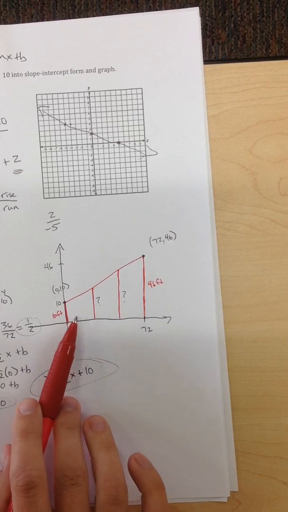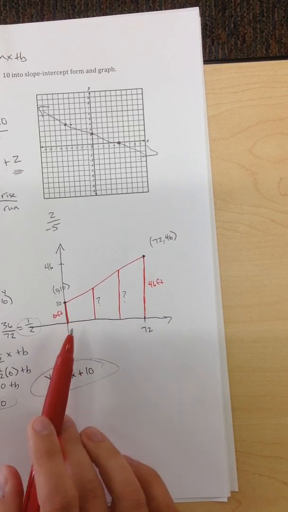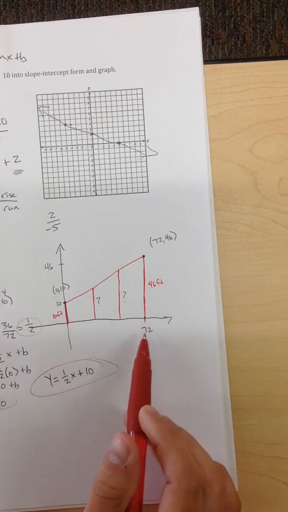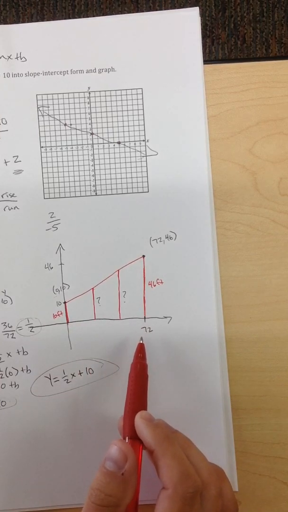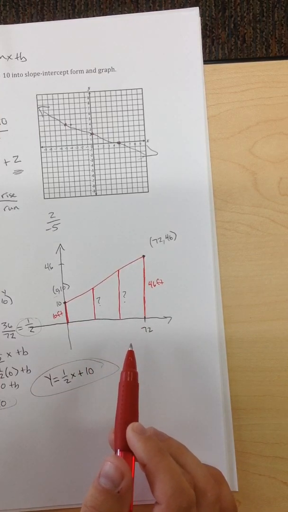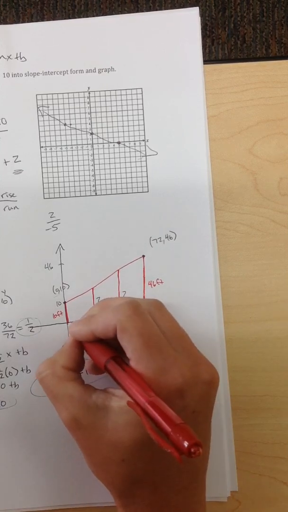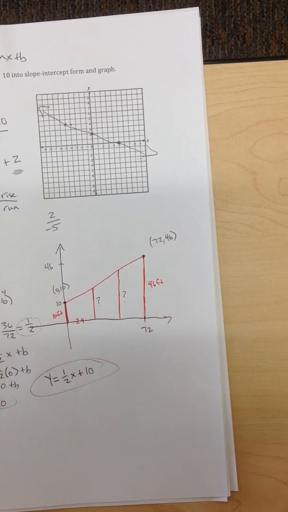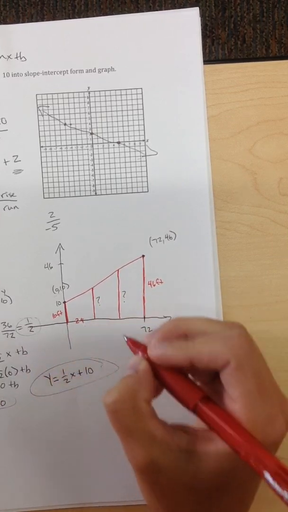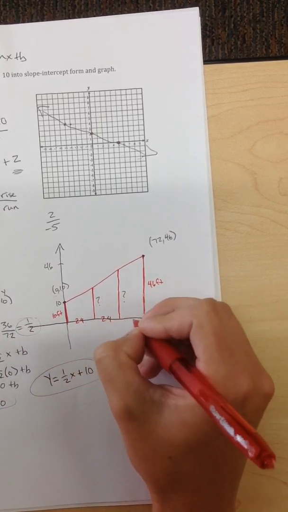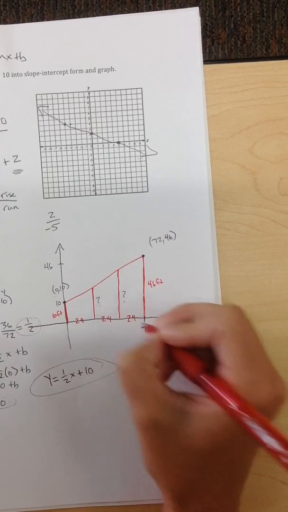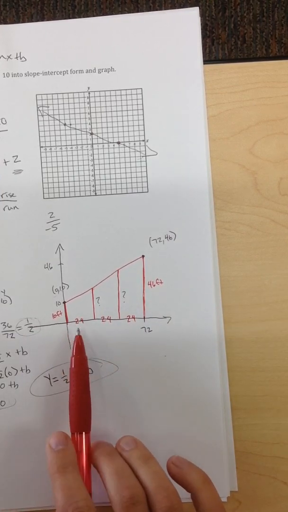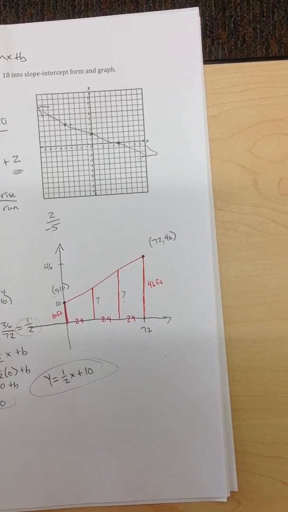Okay, so if I've got 3 spaces here, and I know the total distance goes to 72, if I take that total 72 and divide it into 3 equal spaces, I know that each of those are 24 foot apart. Okay, so that's 24 foot there, 24 foot there, 24 foot there. Because if I do 72 divided by 3, I get 24. That would give me equal spaces.